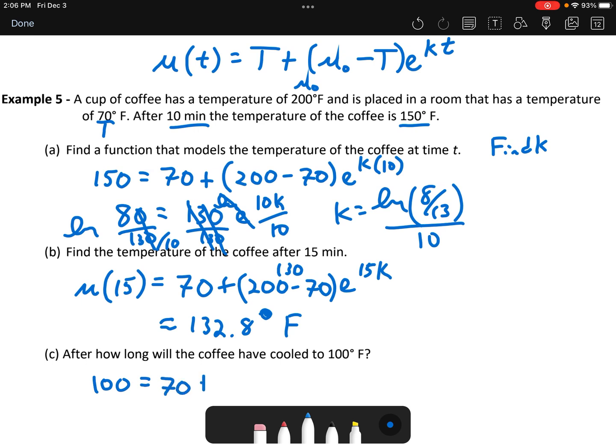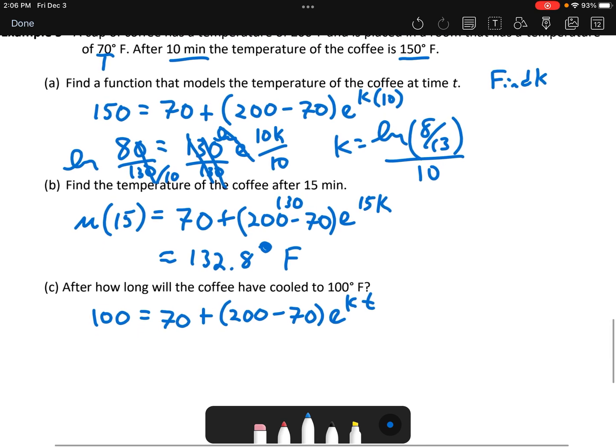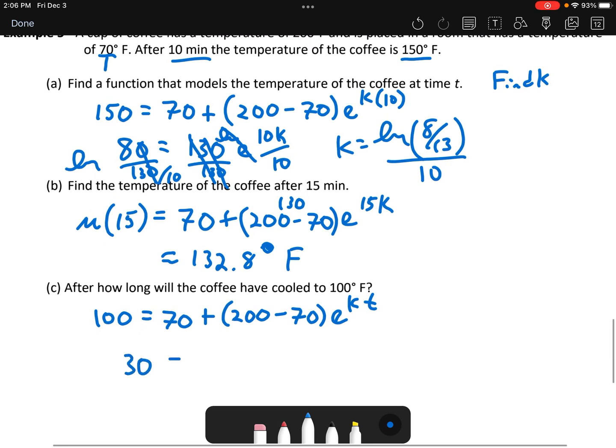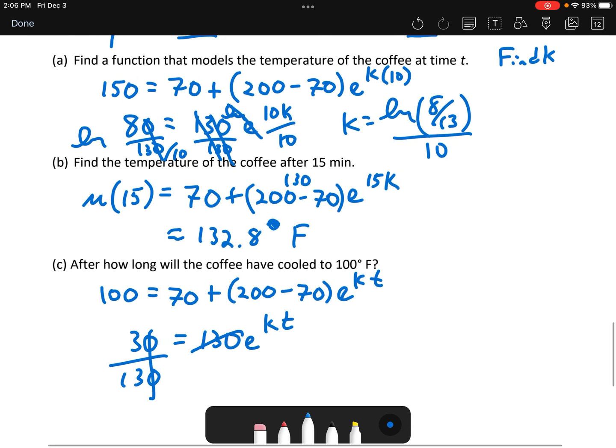Now, next question. When would it be 100? Well, all we do is do the same thing, but I want to know T now. So we would do the math, subtract 70, divide by 130, zeros cancel, that's gone.